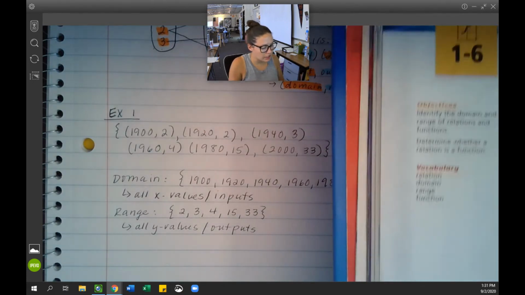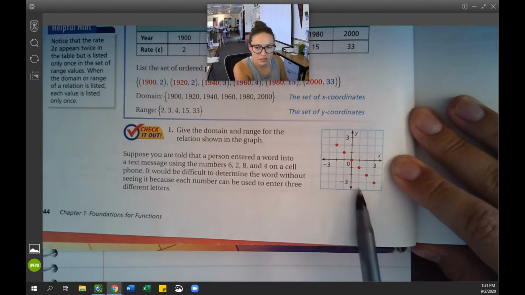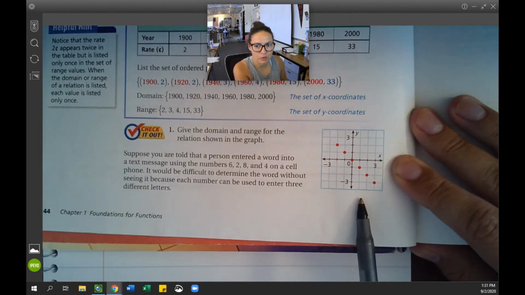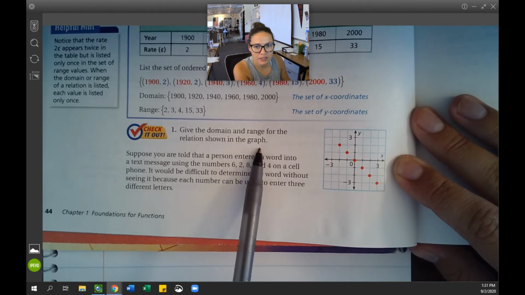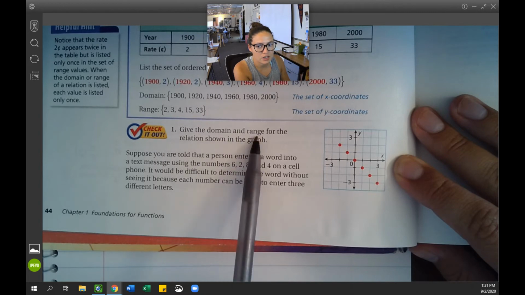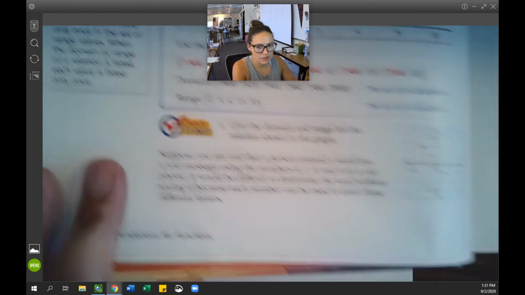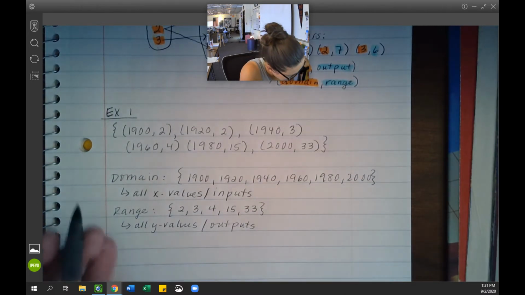Now, I'd like you to look at the graph at the bottom of the page on page 44. And we are going to give the domain and range of the relation shown in the graph. So remember, the domain is just all the x values, and the range is all of the y values. I'm going to pull this off to the side, but hopefully you're still looking at it in your own book.